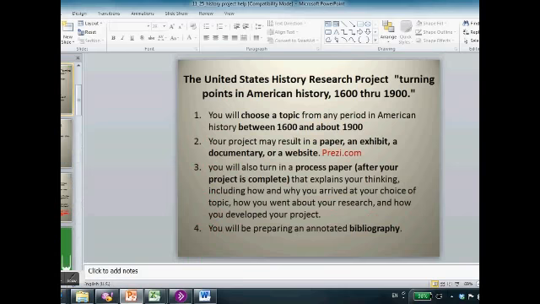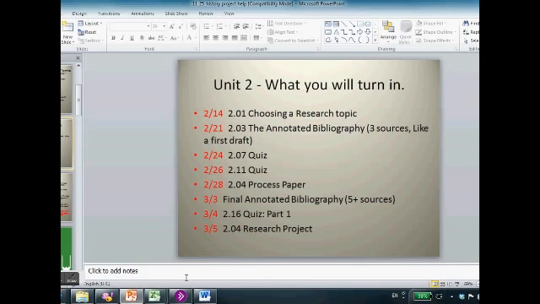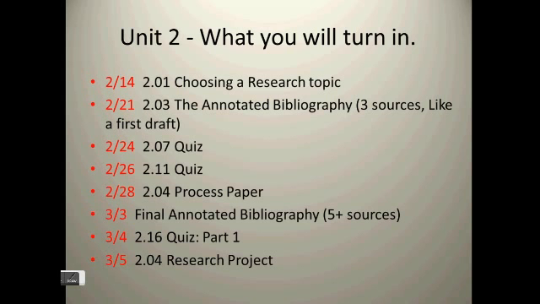And that's it. Simple enough, right? If you still have questions, send me a K-mail, and I will do my best to help you out. I wanted to go over this one more time though really quickly. Here we go. The dates. There are a number of things you're turning in. You should have already turned in a research topic paper, the first annotated bibliography.